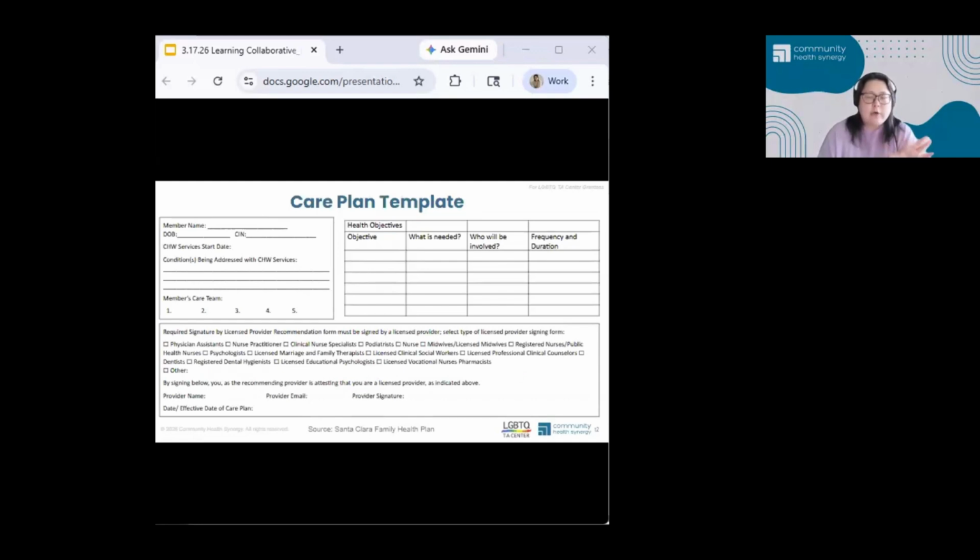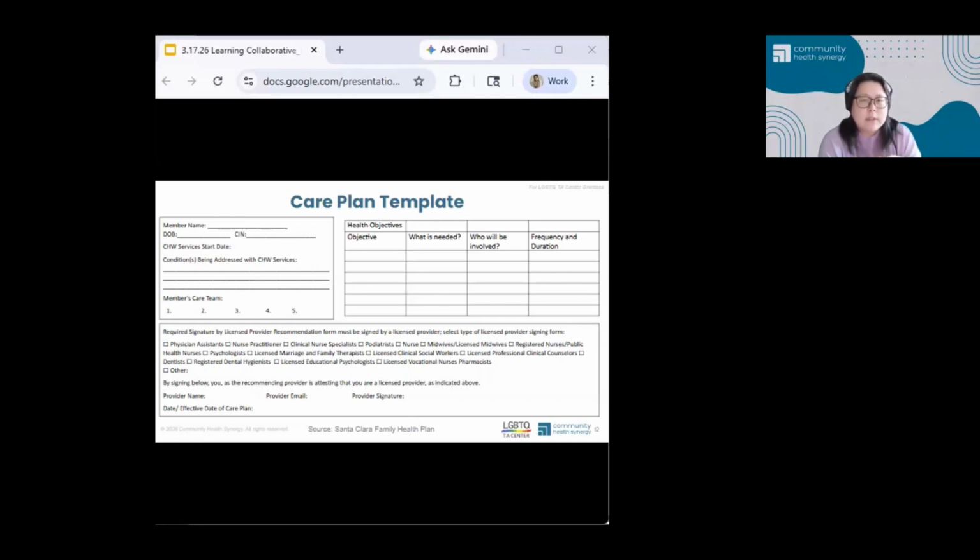I want to share this screenshot of a care plan template, which you can also take a closer look at when we share the slides out. This care plan template was sourced from a managed care plan that we've worked with, Santa Clara Family Health Plan.